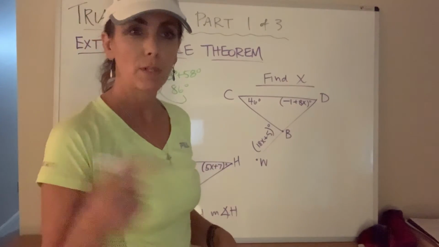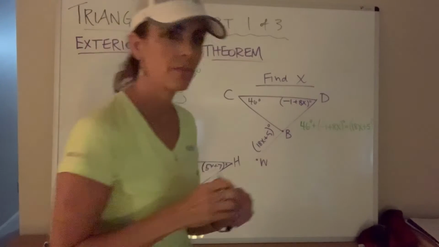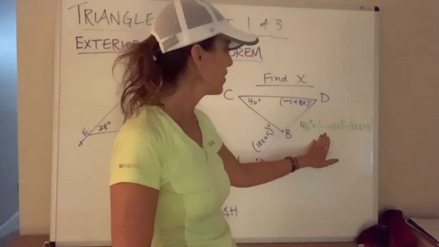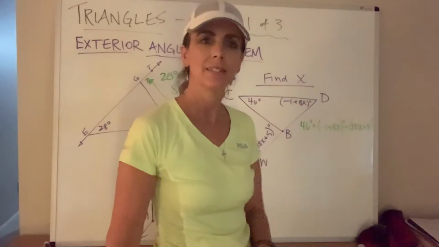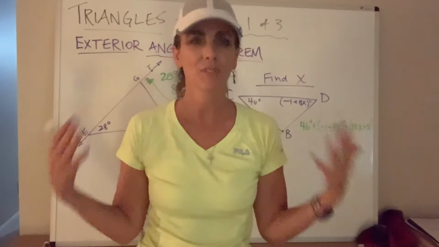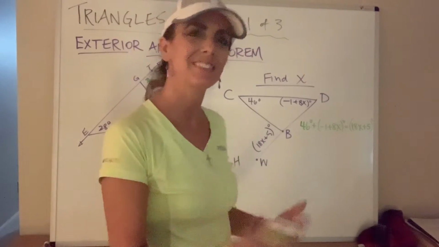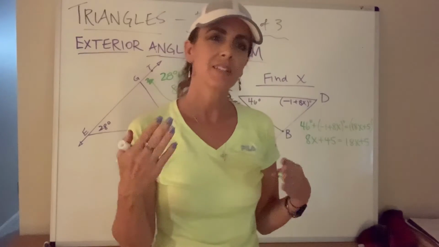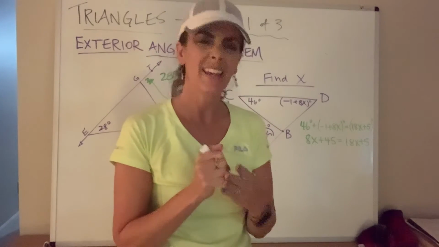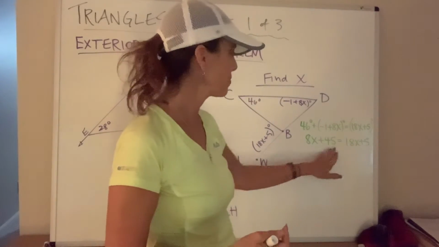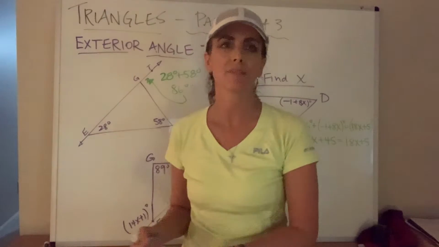So what are we looking for? We're looking for x. Okay, here's our equation. 46 degrees plus negative 1 plus 8x degrees equals 18x plus 5 degrees. Let's use our mad algebra skills and solve for x. If I simplify the left-hand side and take everything out of the degrees because they're all degrees, I've got 8x plus 45 is equal to 18x plus 5.